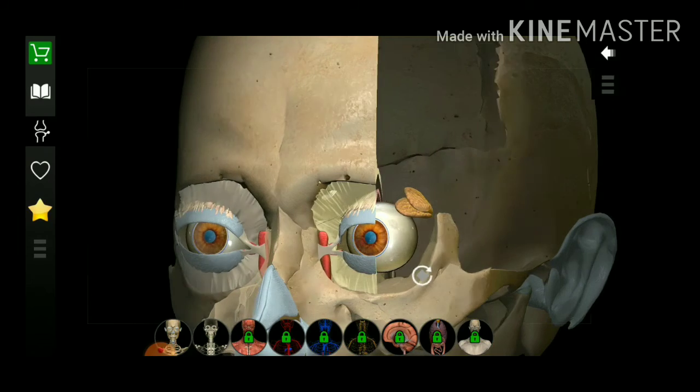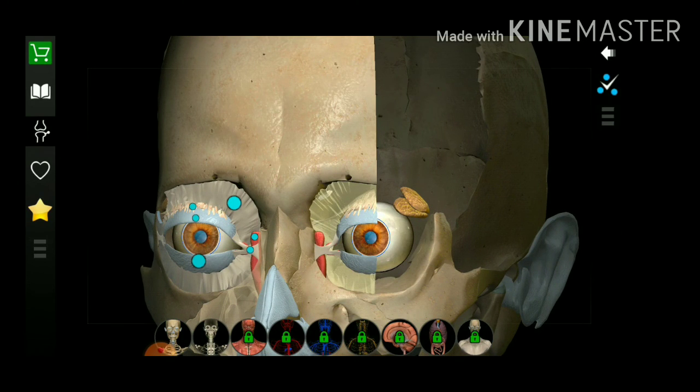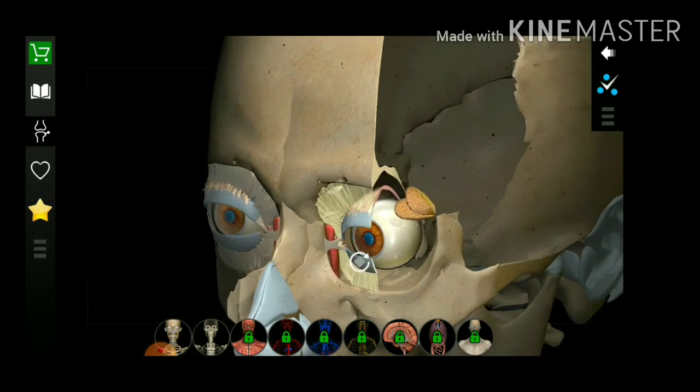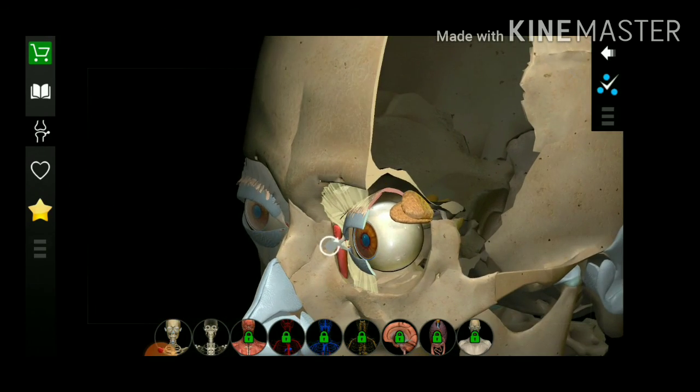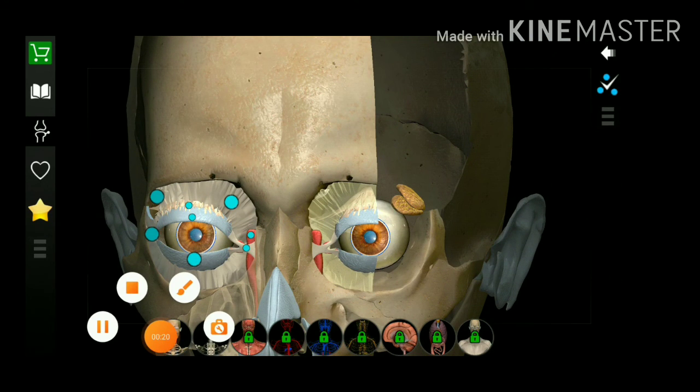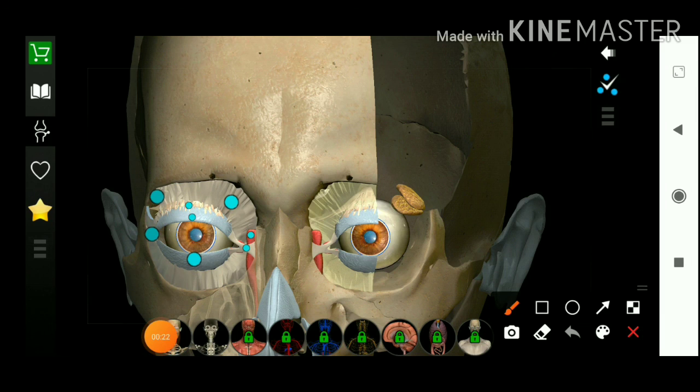I am going to describe the structures one by one. You can see that the skin and the superficial fascia, along with the voluntary muscle, that is the orbicularis oculi, have been removed. Now we are having the structure next to it. It is the orbital septum.